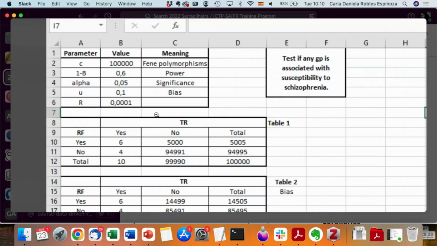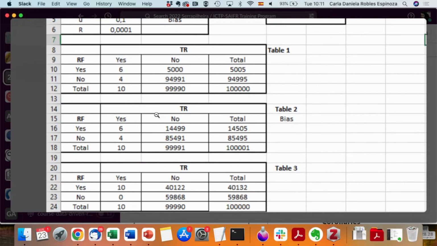So yeah, in box 1, they were saying that there's this study where they were trying to see if any of 100,000 gene polymorphisms were associated with susceptibility to schizophrenia. And they have these 3 tables where they have the normal results, the bias results, and the other one that is multiple studies.